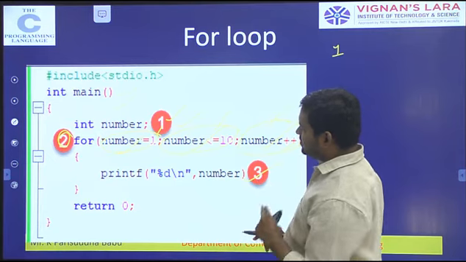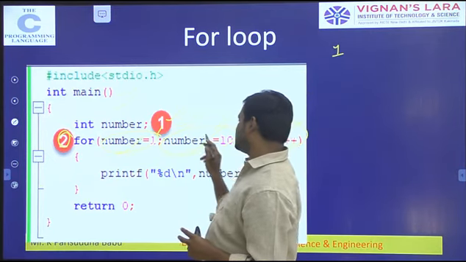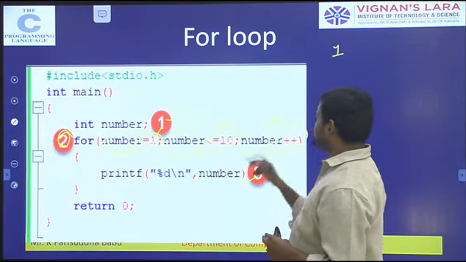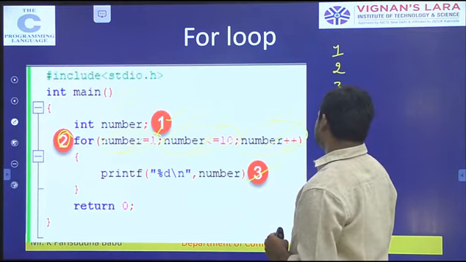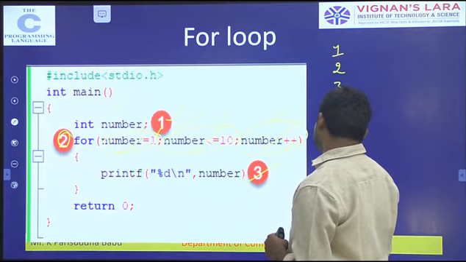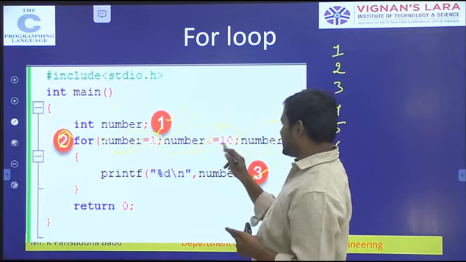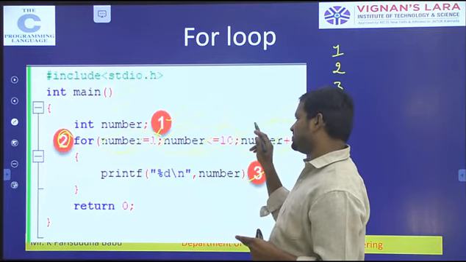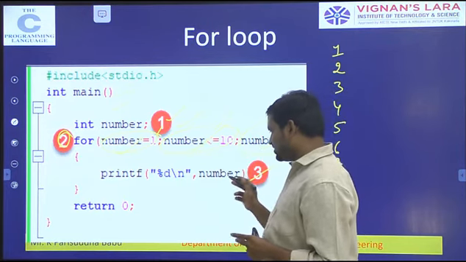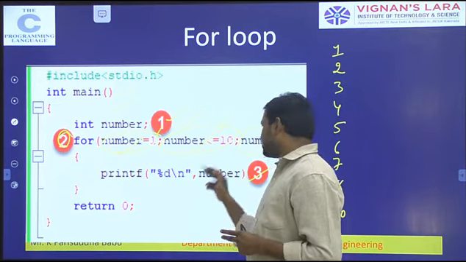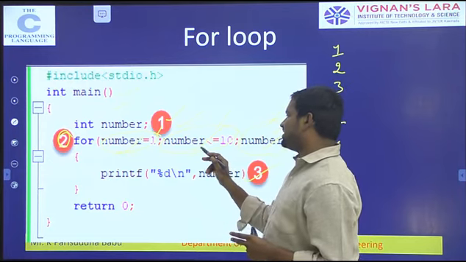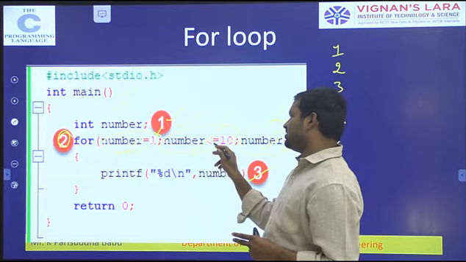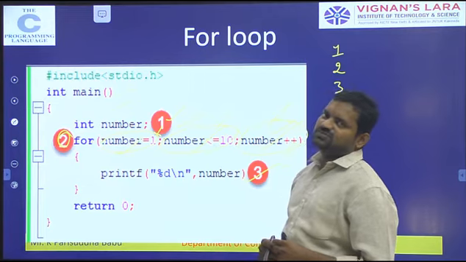Number equals 2; 2 is less than or equal to 10, true, so it prints 2, 3, 4, 5, 6, 7, 8, 9, 10. When number equals 10, 10 is less than or equal to 10, so it prints 10 and updates the value by 1 to 11. 11 is not less than or equal to 10, so the condition is false.